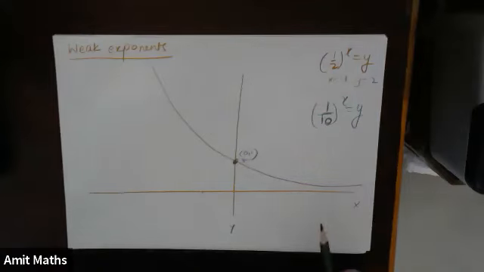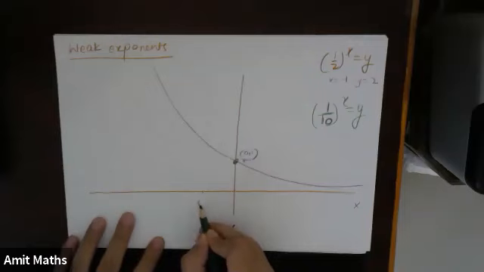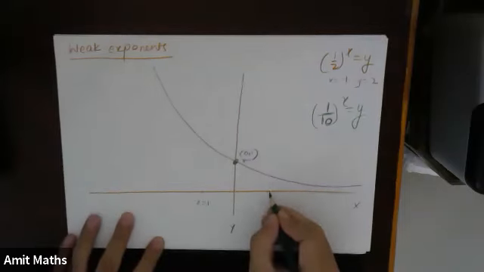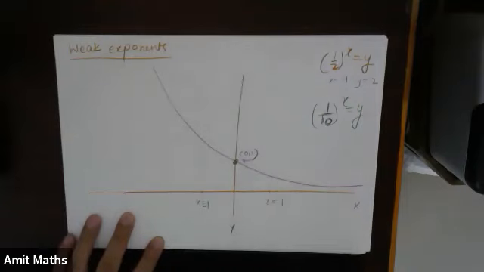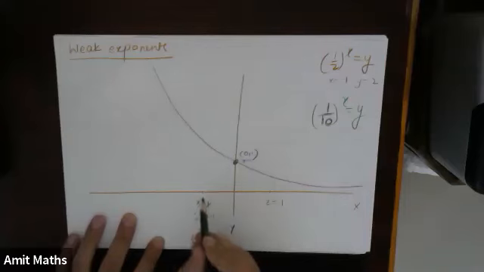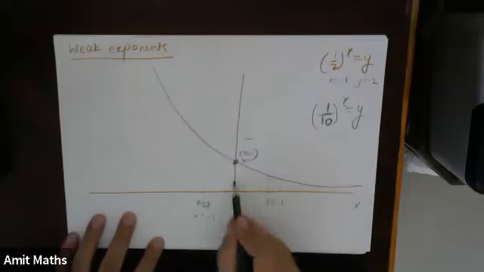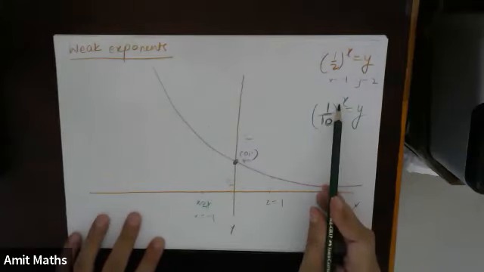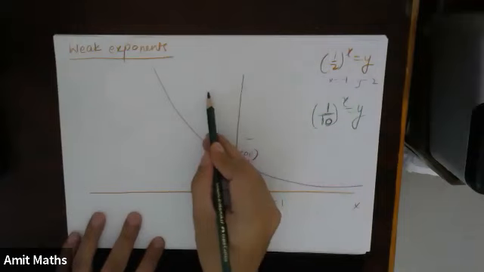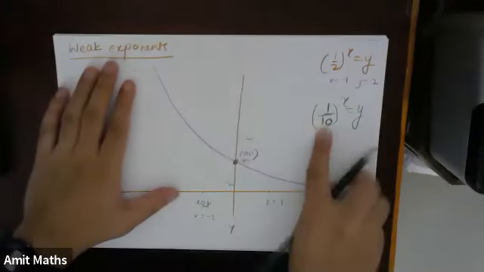Okay, I think most of you must have done it. So this was x is equal to -1, and this is x is equal to 1. For x is equal to -1, this was 2, and for x is equal to 1, this was 1/2. For this one, x is equal to -1, y will become 10, and for x is equal to 1, this will become 1 by 10.